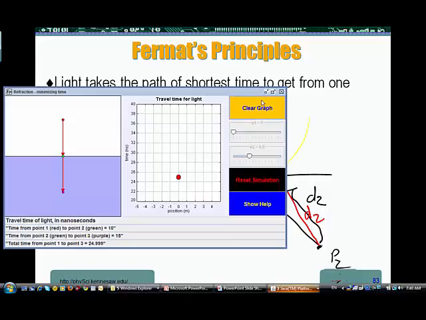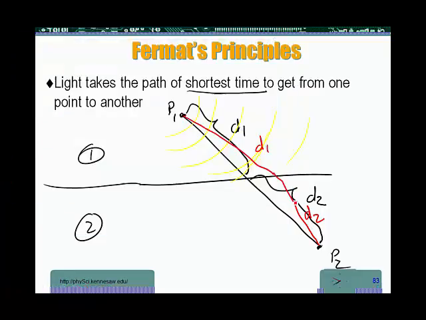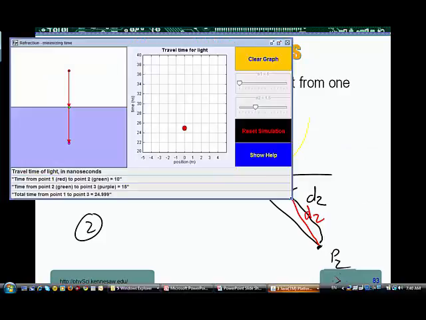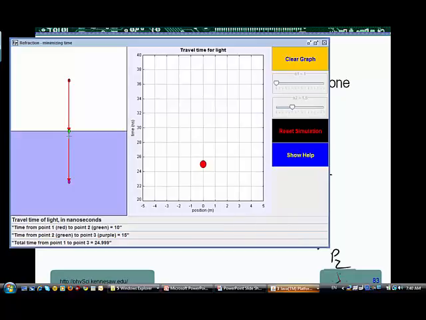Let me show you that with a simulation. Now in this particular simulation, what do we have here? We have one light beam. This is the origination. This is point P1, and this is point P2. And this is the time in this graph that it's taken the beam to go from P1 to P2.